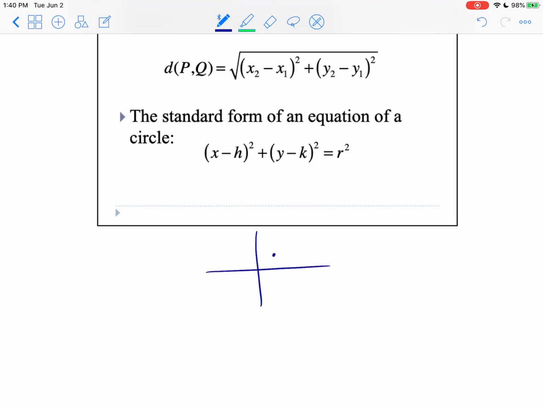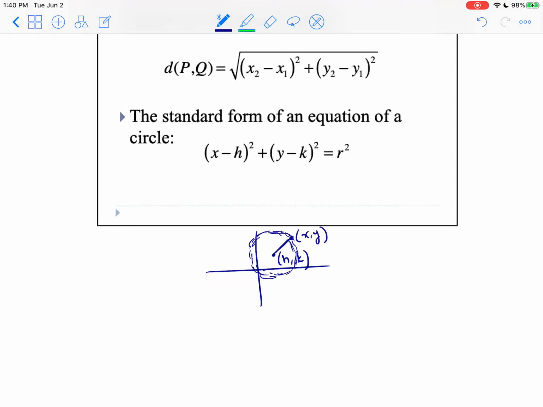So let's say this is the center of my circle, and this is a terrible circle, but I have a circle going around it. I'm choosing an arbitrary point on the circle. We denote the center of a circle with the point h comma k.